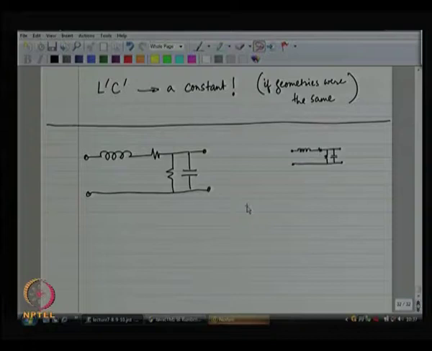Okay, so this is a little bit of a section of a wire.